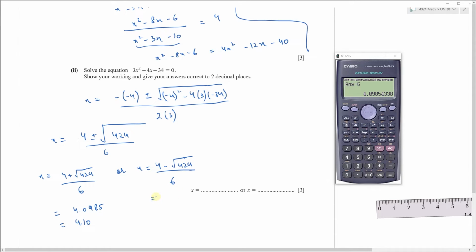And for this, 4 minus square root of 424 and then divide by 6, minus 2.7652, and this will be minus 2.77 up to 3 significant figures. So your values are 4.10 or minus 2.77.